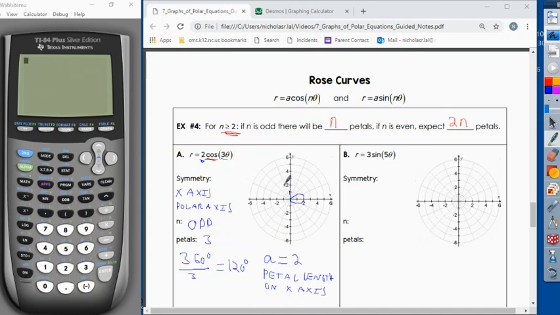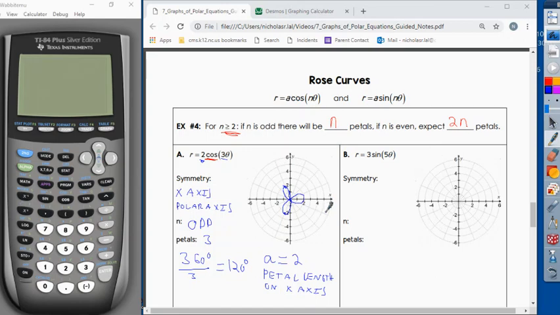So it should have a length of 2, and we have our petal, and then our next petal is going to be 120, so we move 60 here, and then 60 here, so the petal will be the length of 2 here. We'll have our petal. And so we have our petals centered around 120 degree increments.